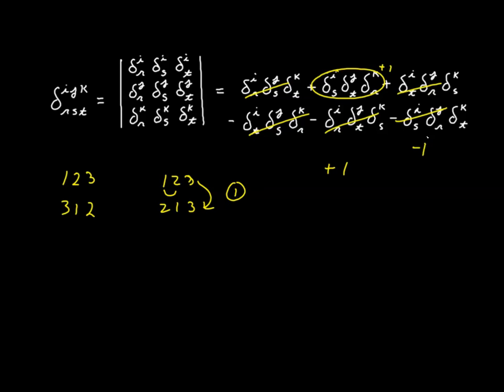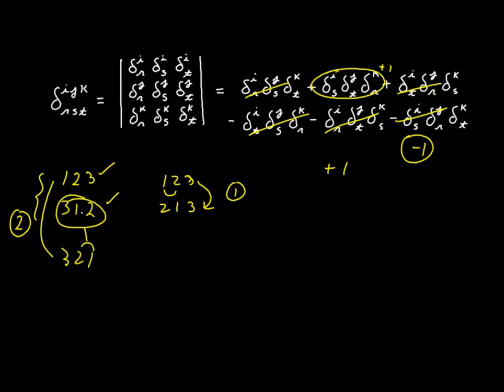Well, here, we can't flip once to get here. We've got to first of all flip, say, 1 and 3 to get 3, 2, 1, and then we flip 2 and 1 to get this. So it takes 2 flipping operations to go from here to here, or an even number.